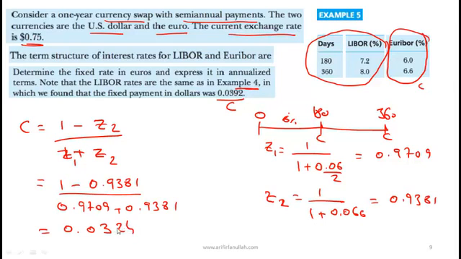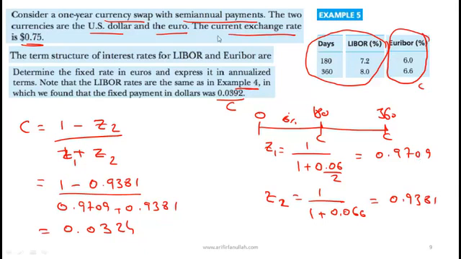This is saying that the party that borrows euro is making this payment per unit of euro borrowed. So for every euro borrowed, this party is going to pay 0.0324 euros on a 6-month basis.